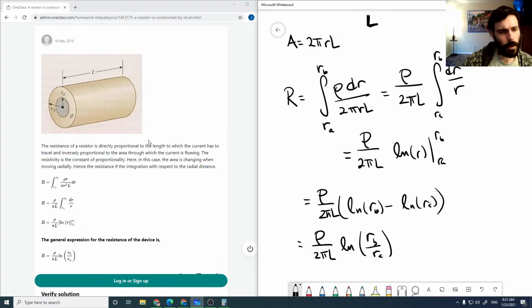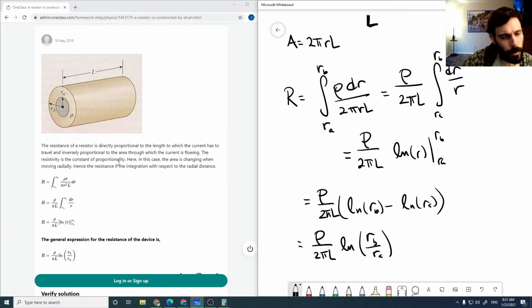Okay, so we do need to integrate. They used r for the length, and pi r squared L as the area.